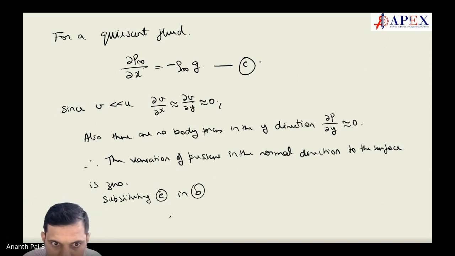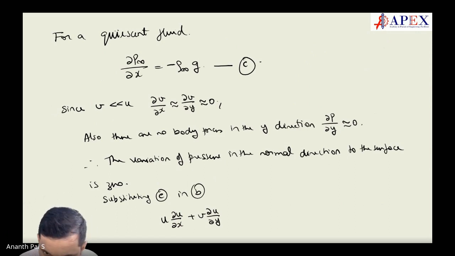We can write u dou u by dou x plus v dou u by dou y is equal to mu into nu, or this one minus rho g is rho infinity into g, plus nu dou square, no rho.